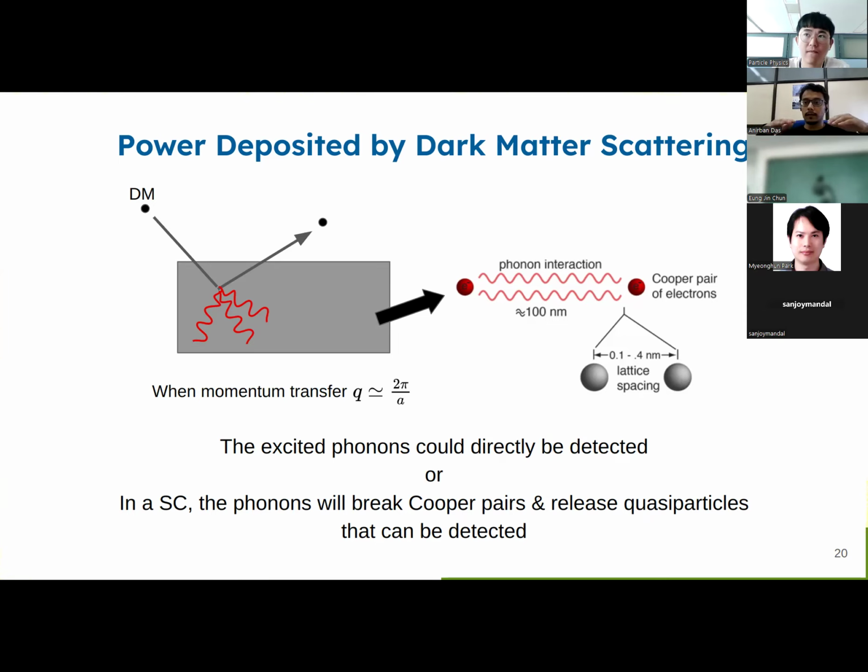It's basically the quantum of the vibration of the lattice. So phonon means just the nucleus. Yeah, nuclear fluctuation. Right. And the electrons are basically clouds which are localized around these lattice sites. And the coupling between this electron cloud and the lattice is not that strong. So if dark matter interacts with this electron cloud, only a very small amount of energy might be transferred to the lattice sites. I see.